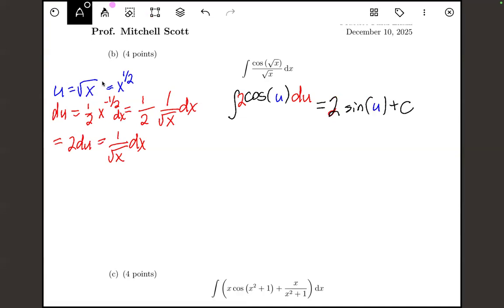And again, we don't care about sine of u, we care about sine of x, right? So using our u substitution to get us back to x, we have 2 times sine of square root of x plus c.